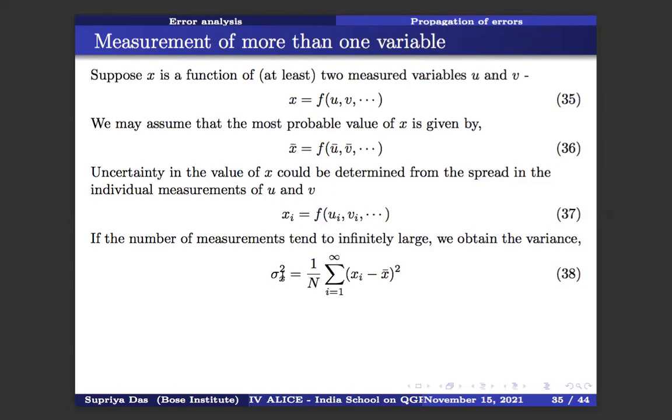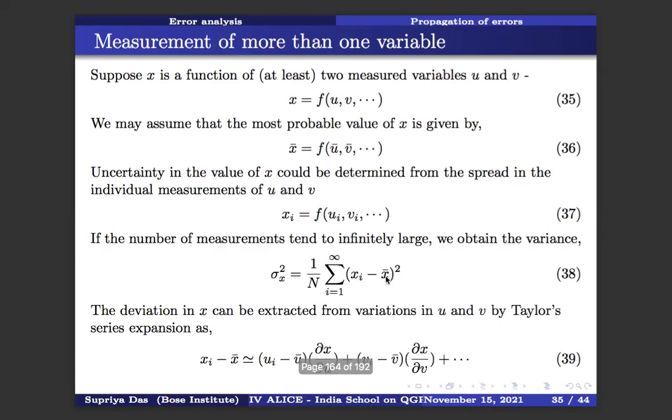So the variance is given by sigma square, which is the sum of the squared deviations from the mean, that we have discussed earlier. Then the deviation in x can be extracted from variations in u and v if you expand them by Taylor's expansion, like this.